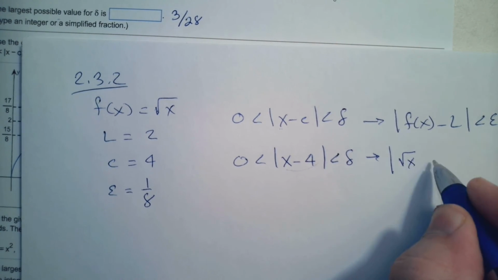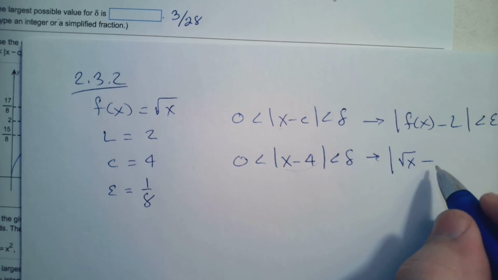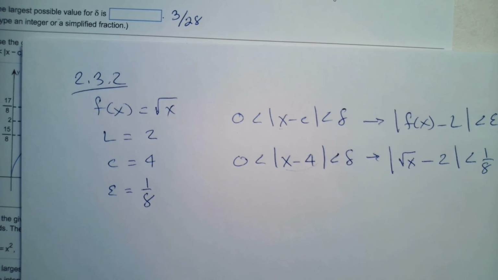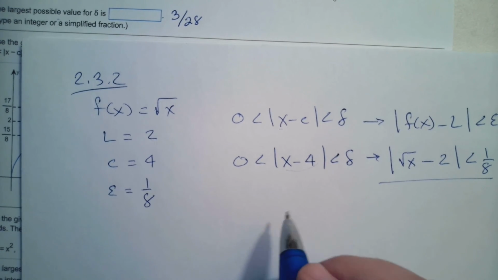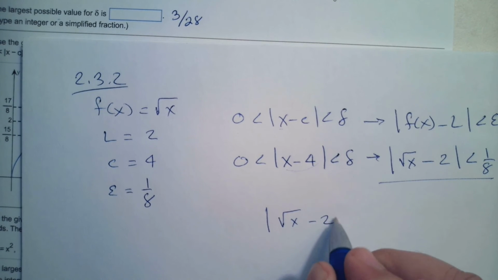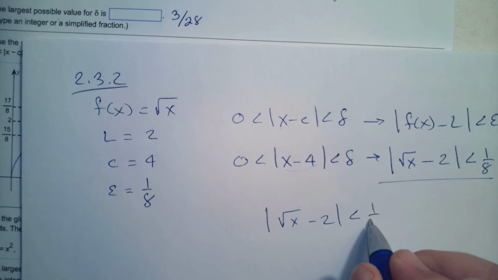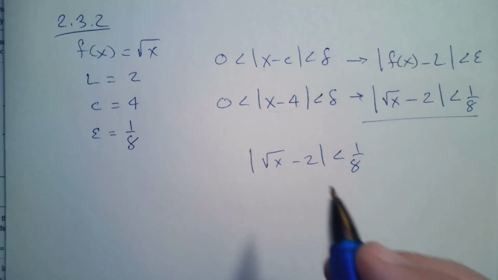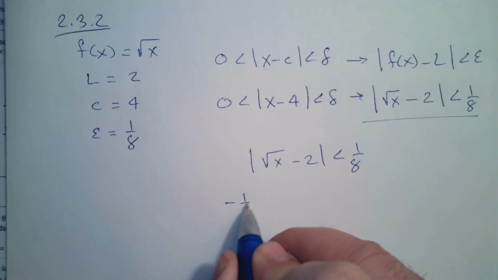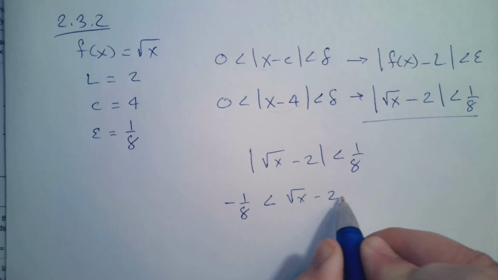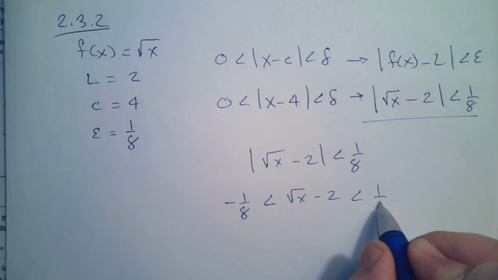So we have radical x minus L, which is 2, less than 1/8. So let's address this one. We have the absolute value of radical x minus 2 is less than 1/8. Drop the absolute values, we get negative 1/8 is less than radical x minus 2 is less than 1 over 8.